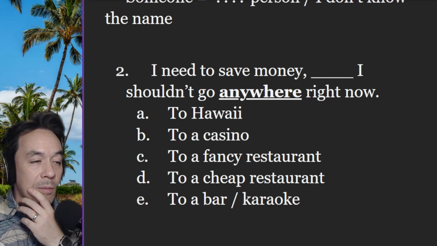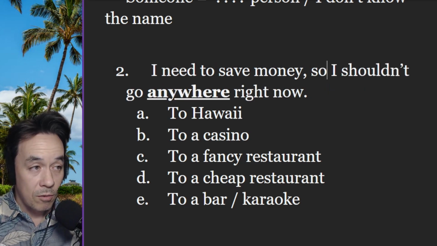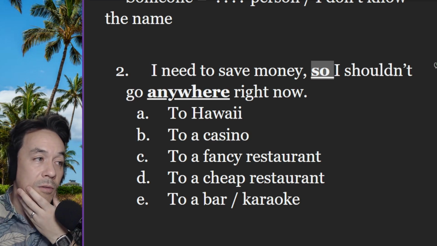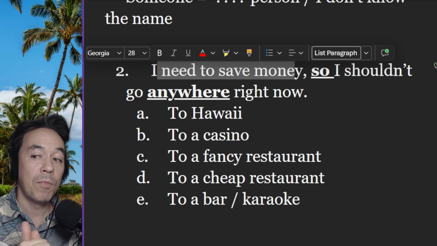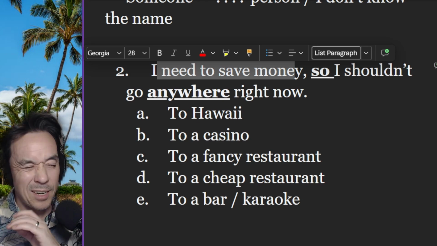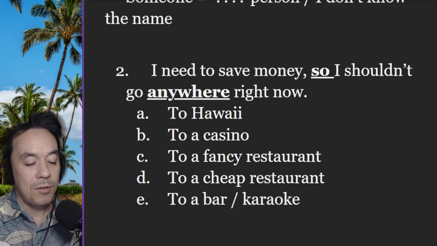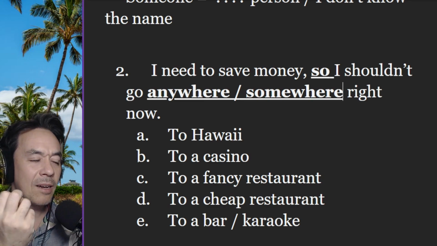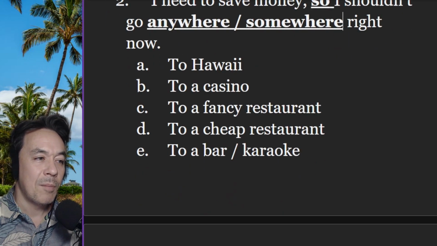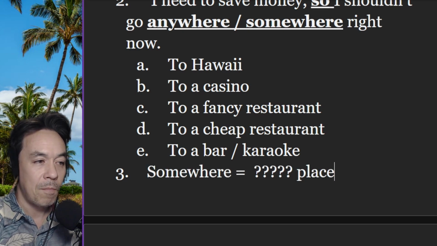And finally here, so the best answer here, I need to save money. The best word is so. Right? So I need to save money. So the result or the following idea or feeling, I shouldn't go anywhere. Right? You could say somewhere. I shouldn't go somewhere. But again, I'm going to say the job of somewhere, it just means I don't know place.